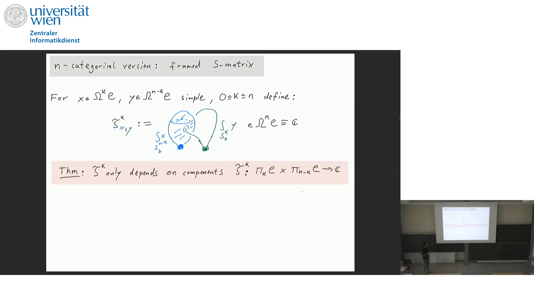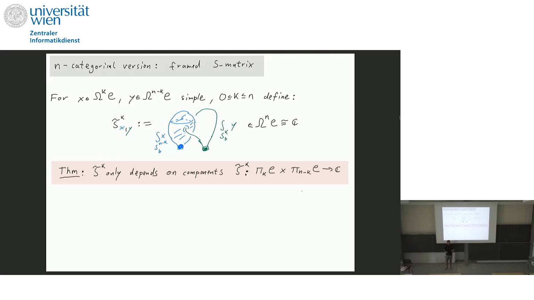And now it turns out, and this is a non-trivial statement that I'm going to sketch a proof of, that this matrix, which is defined for something in omega kc and something in omega n minus kc, only depends on components. So a priori, it's clear that it only depends on equivalence classes of objects. And in the fusion 1 category setting, that's all we needed to prove. We needed to prove this is independent up to isomorphism.